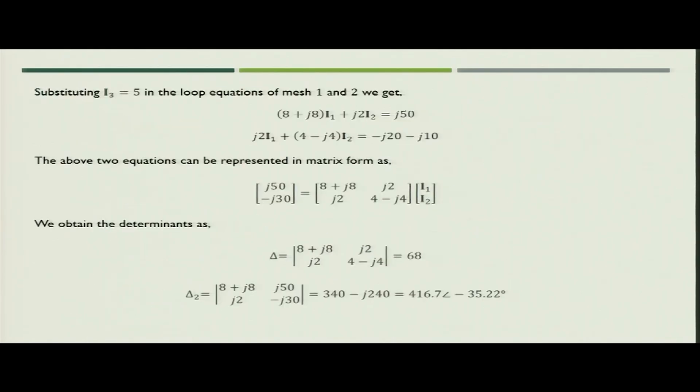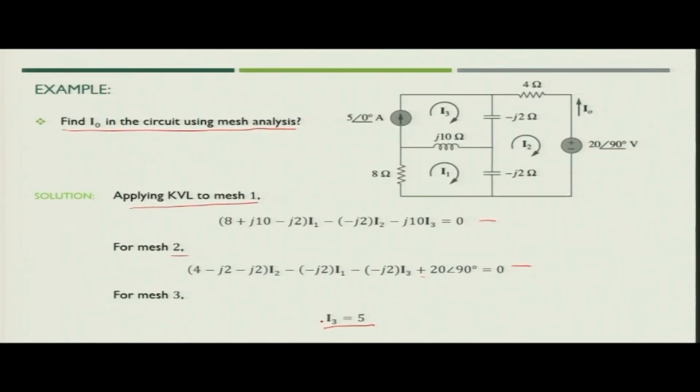When you simplify, you will get (8 plus j8) I1 plus j2 I2 is equal to j50. This is what you get from the first equation, and from the second equation you will get j2 I1 plus (4 minus j4) I2 equal to minus j30. This you get by simply putting the value of I3 in these two.